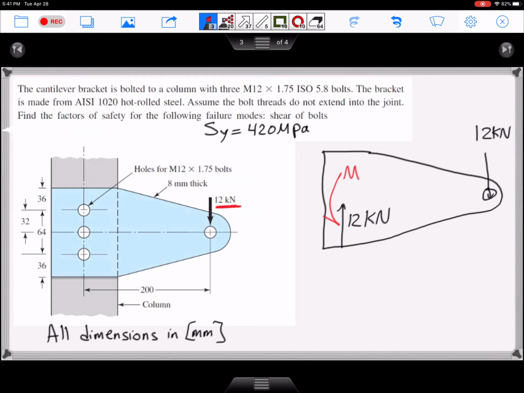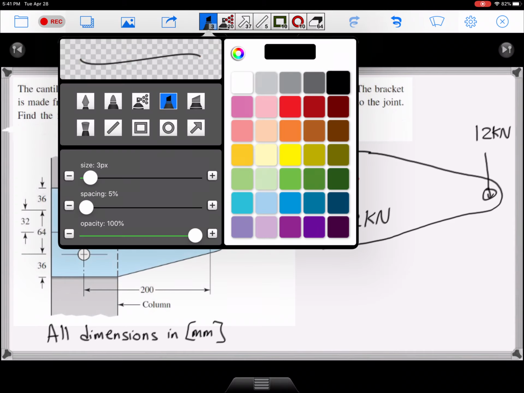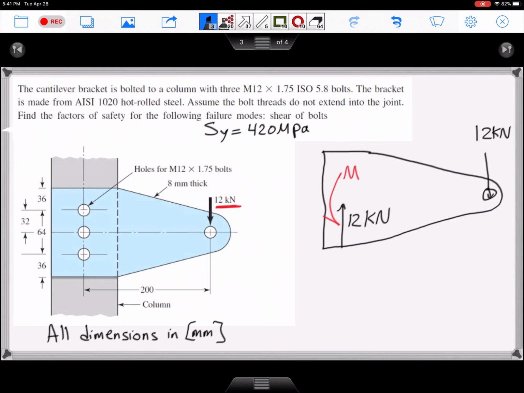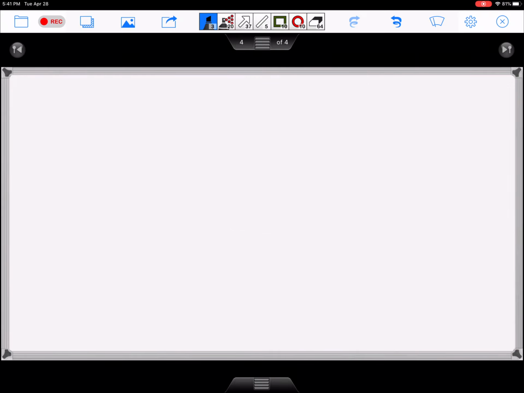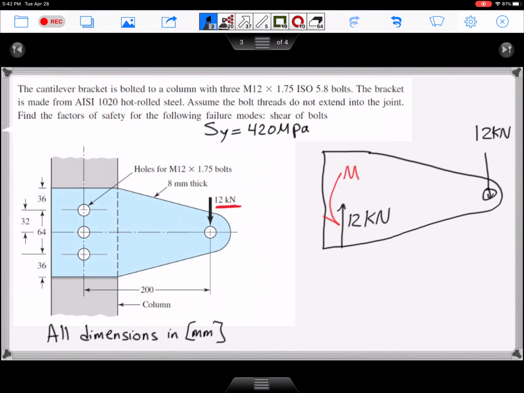We can draw a small picture of the bolts to see what is exactly happening. Maybe if I draw the bolts on the next page, we have 3 bolts according to the problem. Let's draw them like this, all equally spaced.